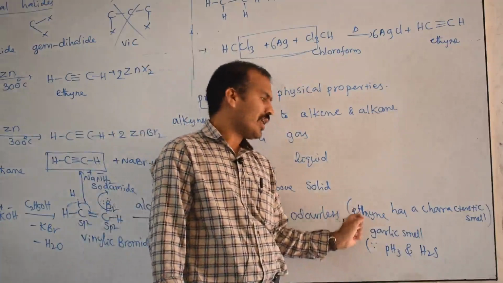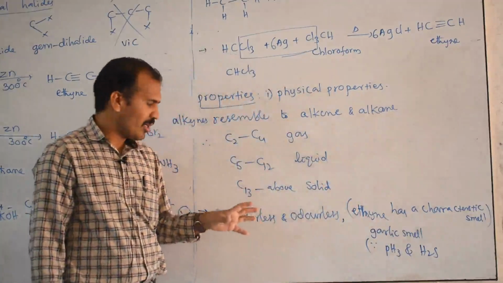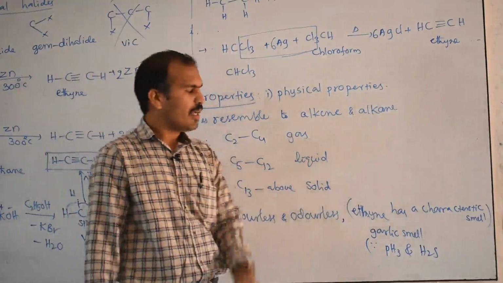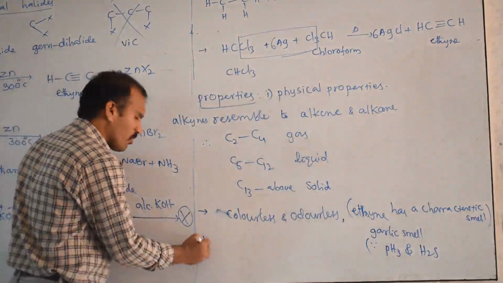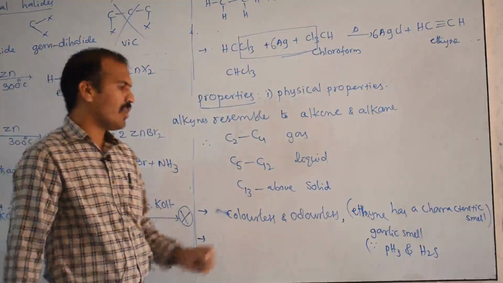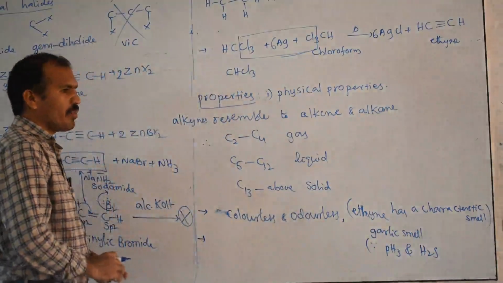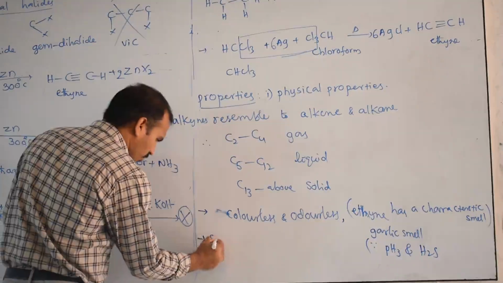Therefore ethyne has a characteristic smell, the remaining have no smell, no color. Ethyne also has no color, only smell. Ethyne has a characteristic smell, that is garlic smell. In your textbook only 'characteristic smell' is given, and what smell it is I have given here: garlic smell. Next, solubility.